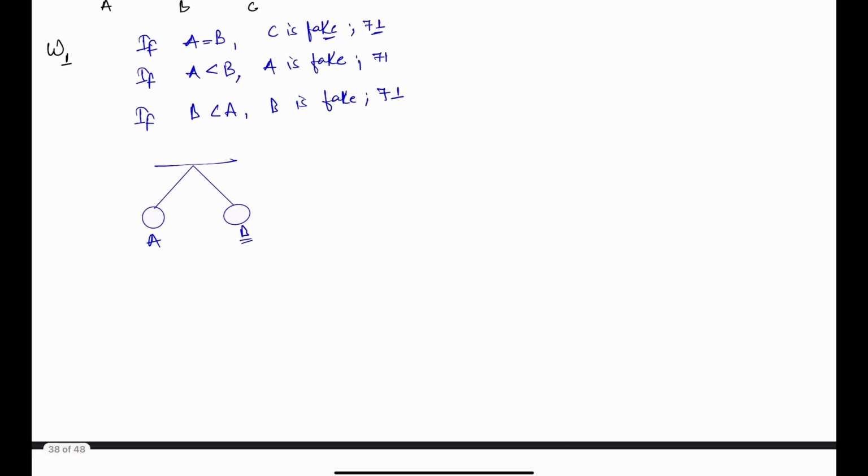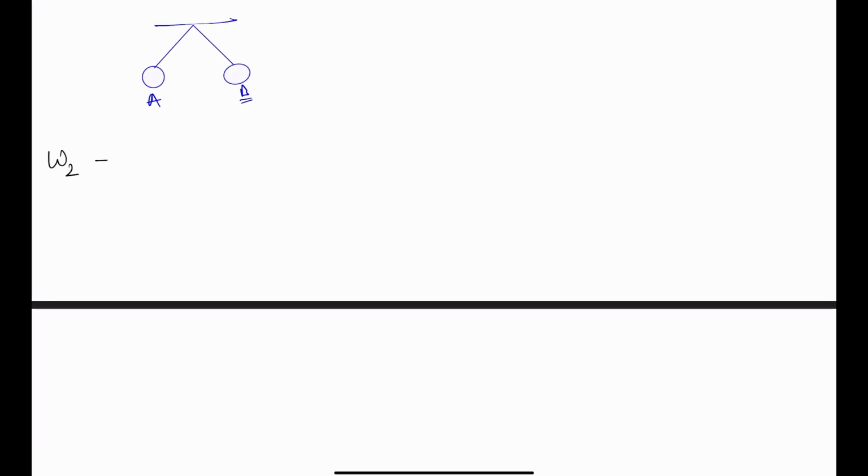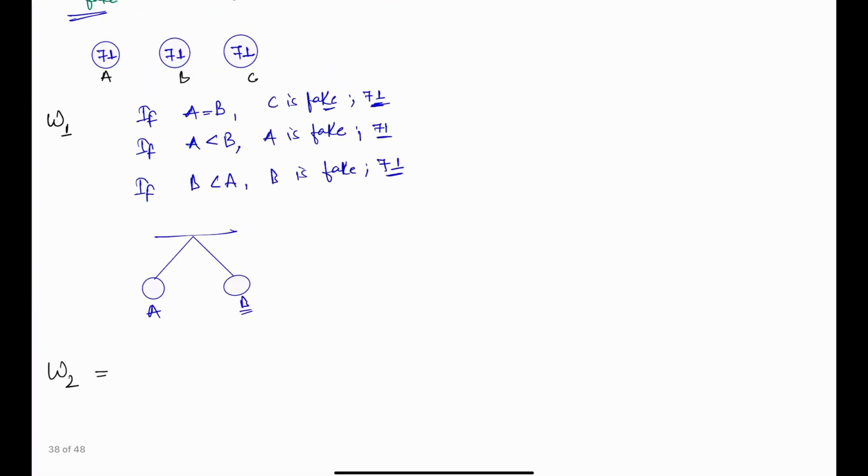Whatever the case, be it A, B or C, whatever is fake, in weighing 2 he will make a group of 71, again in terms of 3.